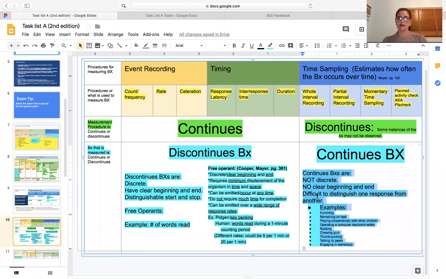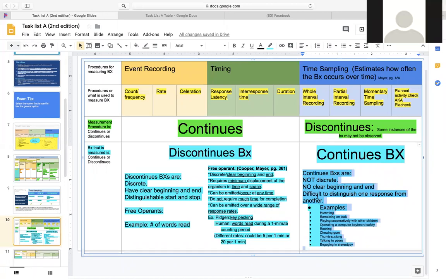So we have examples. Who wants to read one? Let's read one at a time. Maybe it's going to help us in the test. Number 1 is humming. The next one? Remaining on task. Thank you, Claudia. Playing cooperatively with other children.